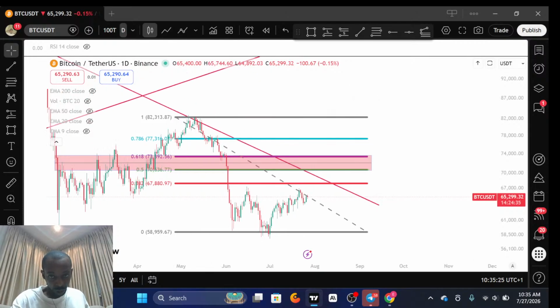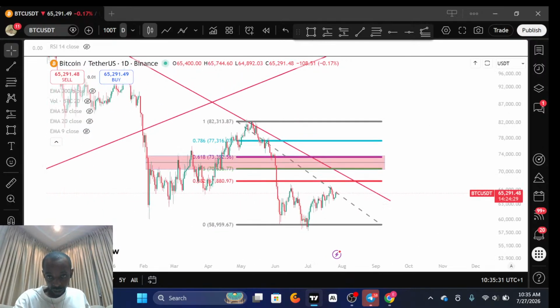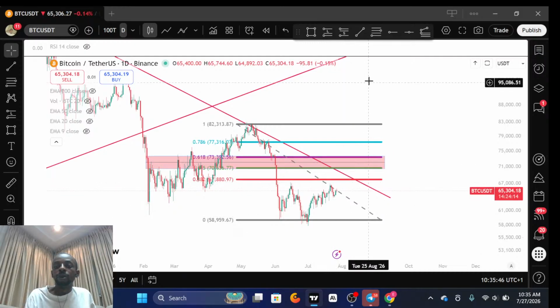I'm just telling you for free where BTC is coming, and BTC is coming to around $72,000, or within 70,000 to 72,000, but I'm sure it's going to touch 72,000. And when it touches 72,000, it's going to retest again and start selling or buying.